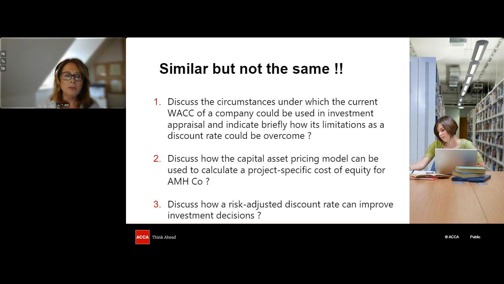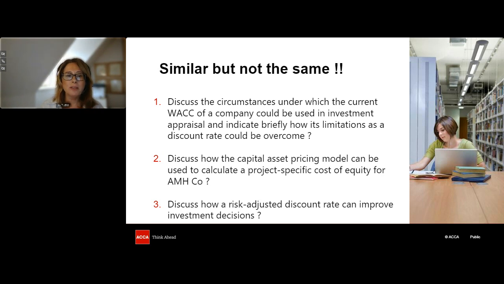Well, the three circumstances when you can use the current WACC is when it's the same business risk, the same financial risk, and the project is small in relation to the rest of the company. The limitation is overcome by creating a risk-adjusted discount rate. That's the answer to number one.